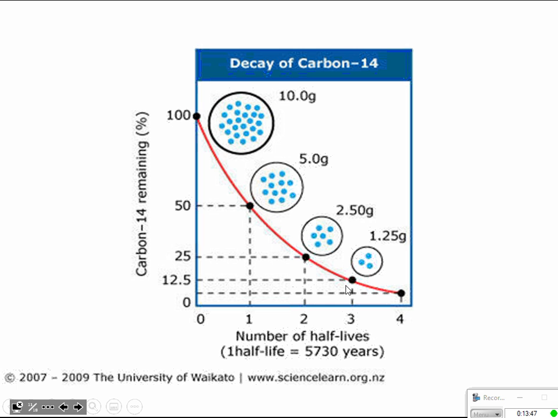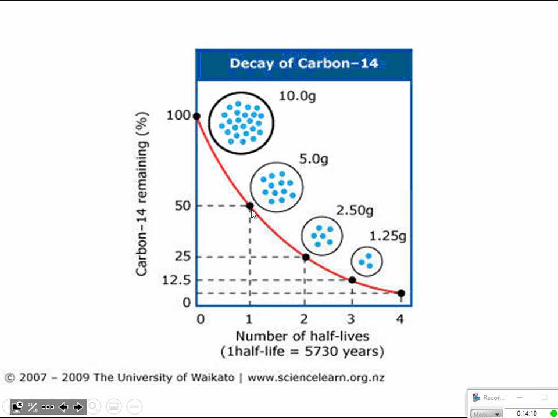As I'm looking at this chart, I'm not going to worry so much about these numbers here of grams. Okay, we'll talk about that in a little bit. What I want to talk about here is the percentages. So when I went from 100 to 50, that was 1 half-life. So that's what it's signifying here.